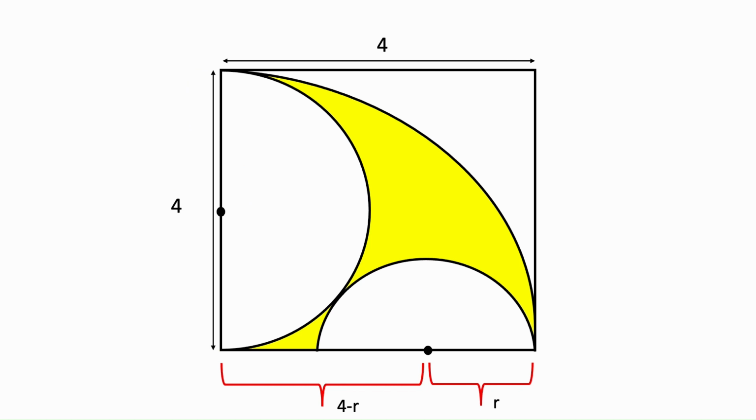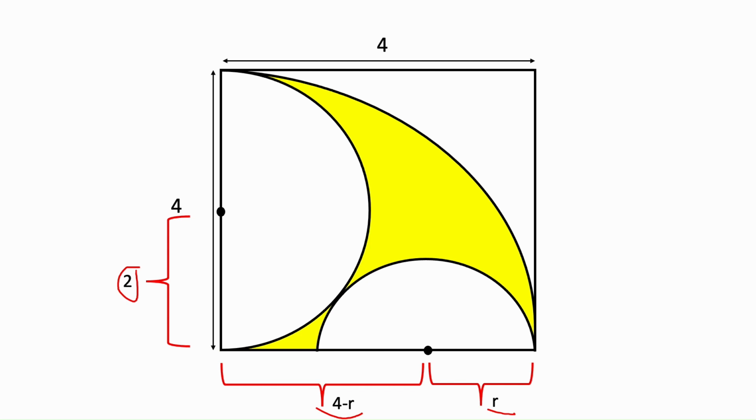To make it easier, we always assume a variable. For example, the radius of circle 1 is r, and when it is r, this part of the square is going to be 4 minus r because the whole side is 4. We knew it. So here we have 4 minus r, and we have 2 here.